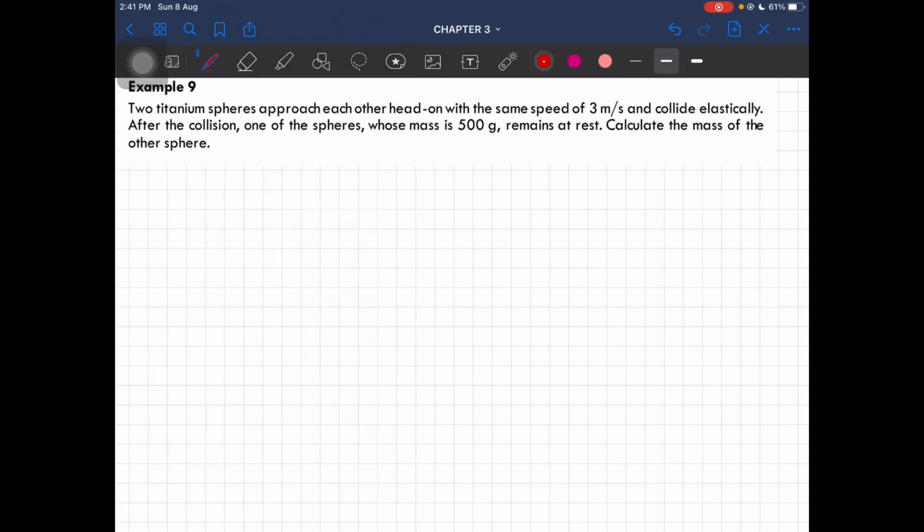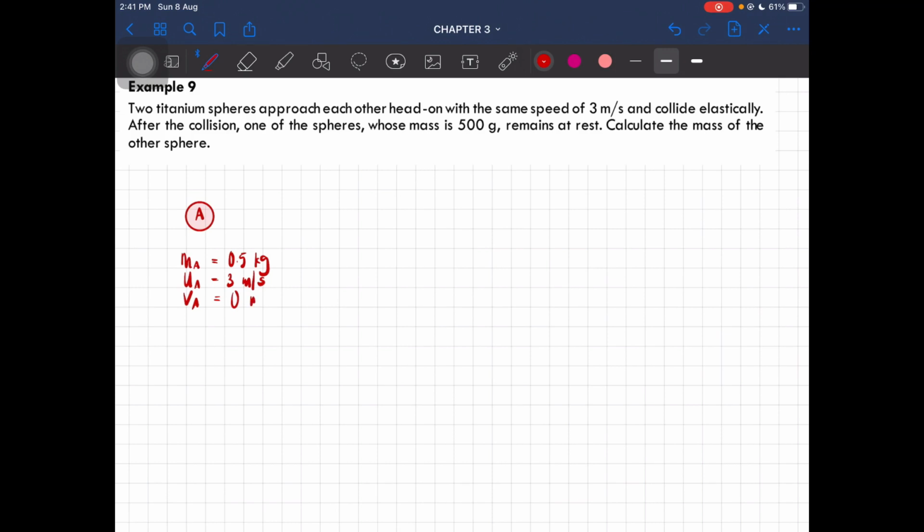Okay, so let's try and draw the spheres. This is A. I would say this one is 0.5 kilogram, and this one starts with 3 meters per second, and then the final velocity remains at rest, so this is 0.